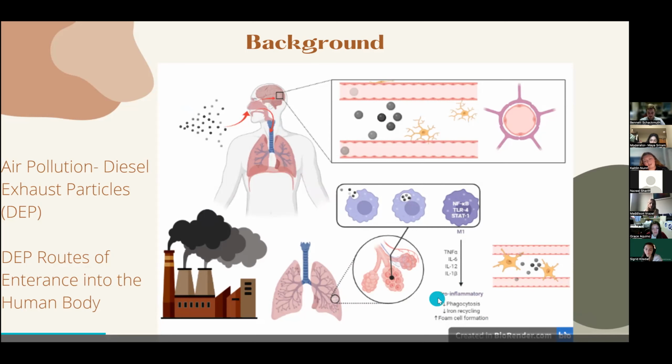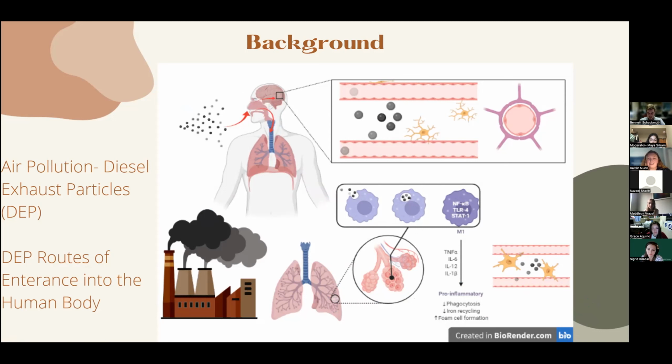And I have a little diagram that shows microglial cells taking up the DEP, and when the cell realizes what this is, it will make what we believe are pro-inflammatory cytokines that can then decrease phagocytosis and increase cell activation by other cells.